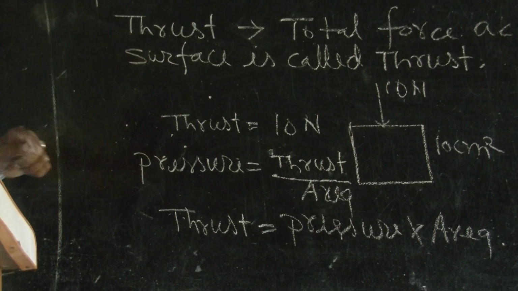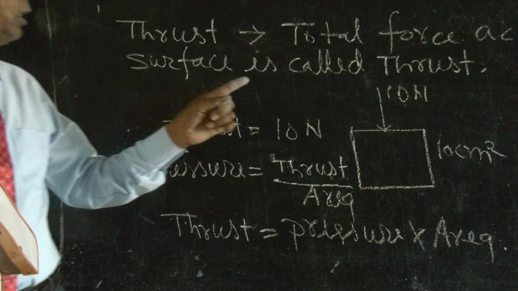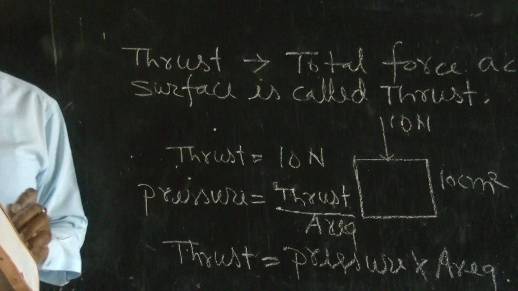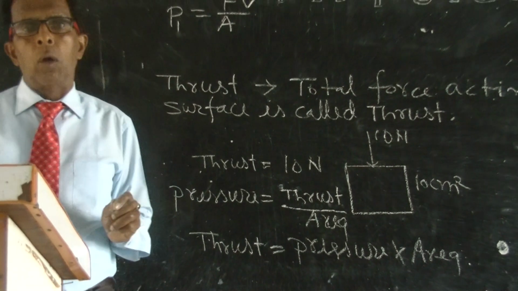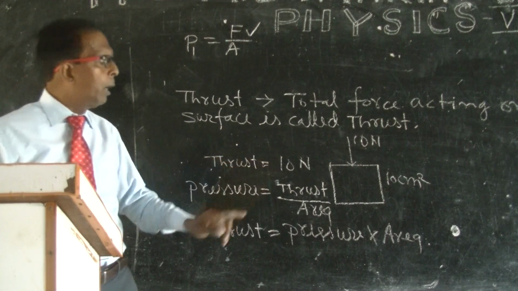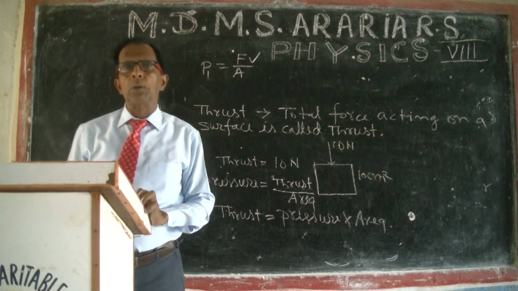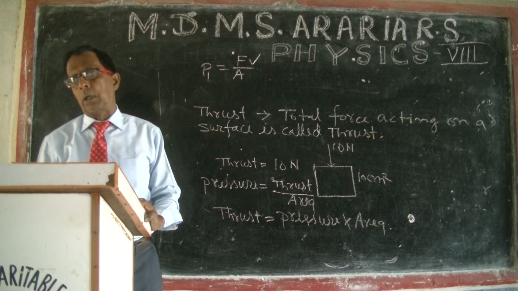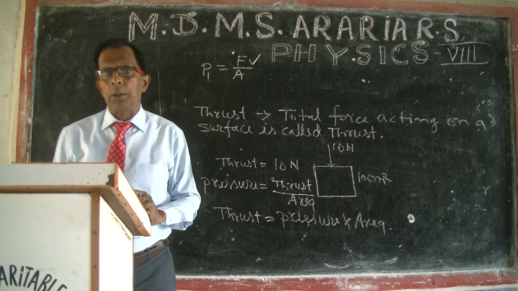Thrust is the total force acting on a surface area. I am saying that on 10 centimeter square, a 10 Newton force is acting. Then how can you find the pressure? You have to find out how much force is acting on unit area. Then you have to divide the 10 Newton by 10 centimeter square, and the answer is 1 Newton per centimeter square, and this is called pressure. It means pressure is equal to thrust divided by area.